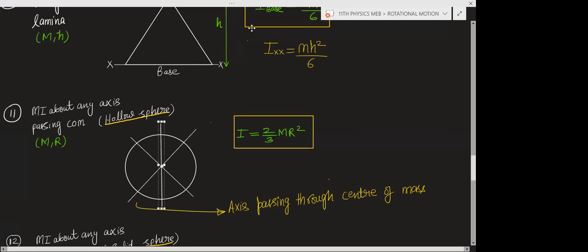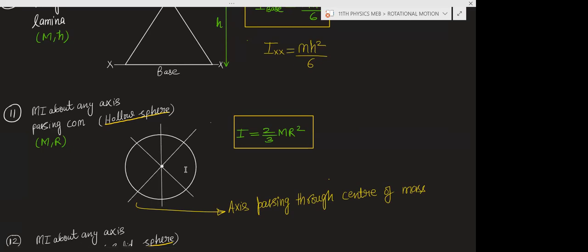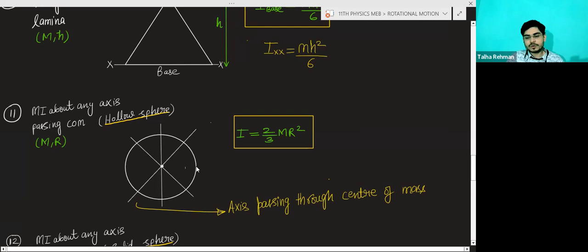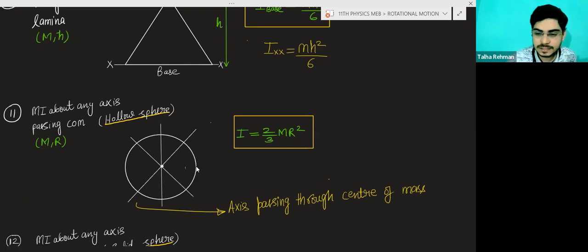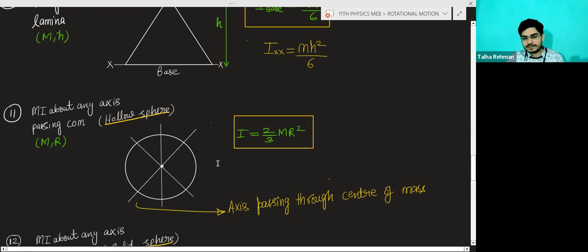Will the center of mass always be at the center of the body? Not always. We have to first define what is the center of the body. This is not always true. There can be a difference between the center of mass and the center of the body.